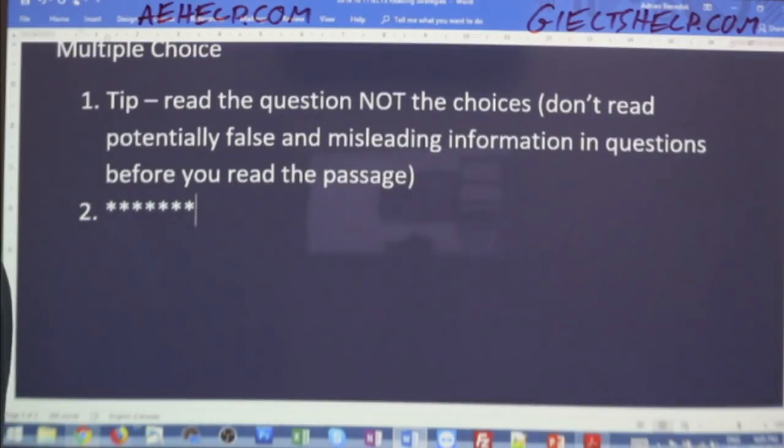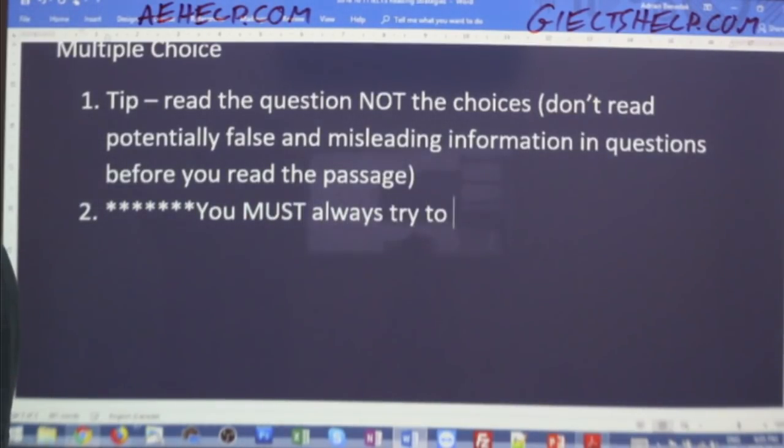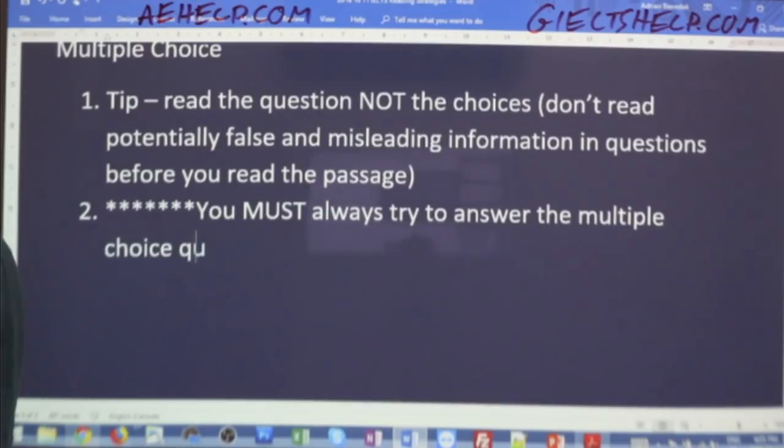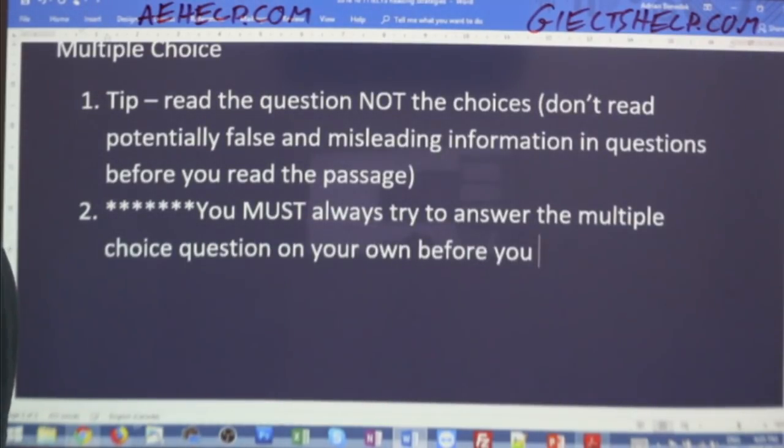So I'm going to give it like 8 stars or 7 stars or something. You must always try to answer the multiple choice question on your own before you look at the choices.